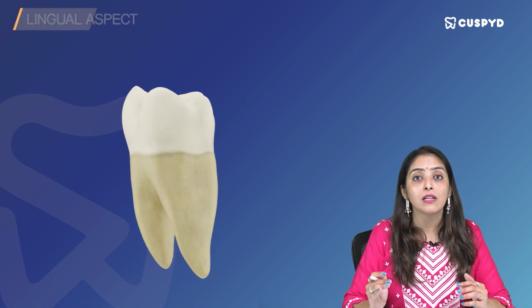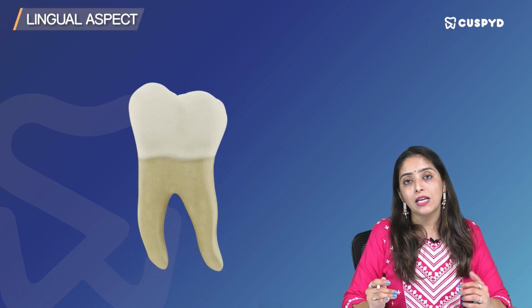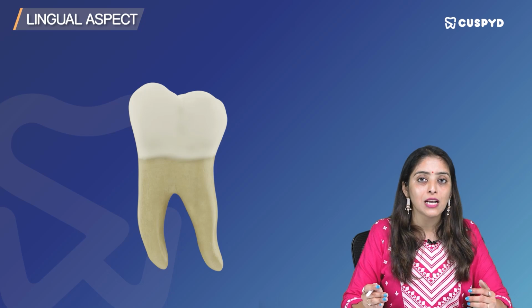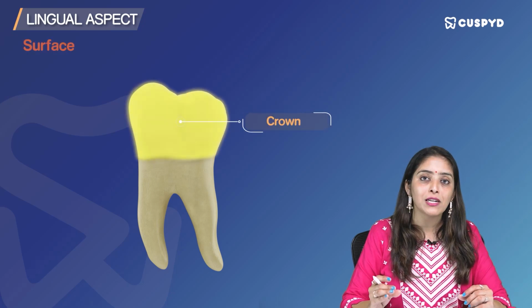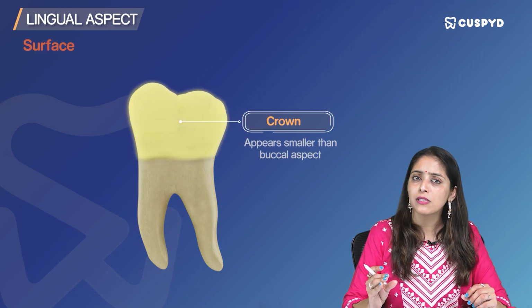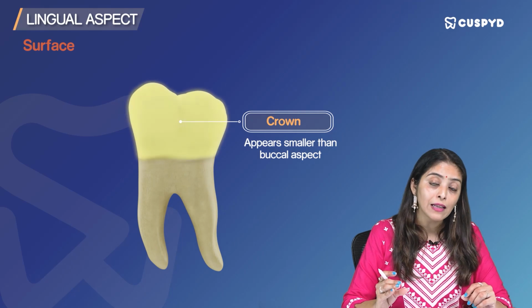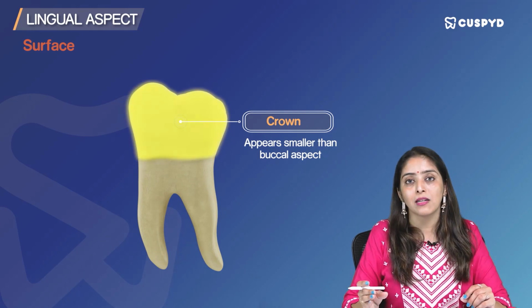Moving on to the detailed aspect of the mandibular first permanent molar from the lingual aspect. When I look at the tooth from the lingual aspect, the crown appears slightly smaller than the size of the crown from the buccal aspect.